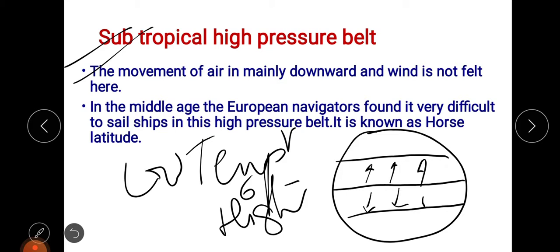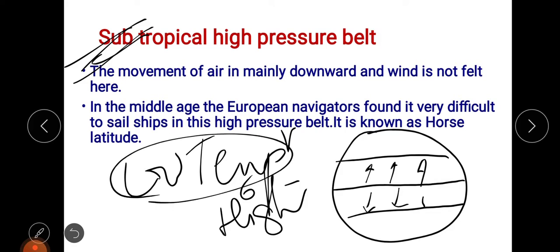This cold air, and also air from the subpolar belt, because of the earth's rotation, deflects towards this subtropical high pressure belt. The earth rotates from west to east. So this mixing of cold air makes the temperature of this region low, and therefore high pressure prevails in this subtropical region.